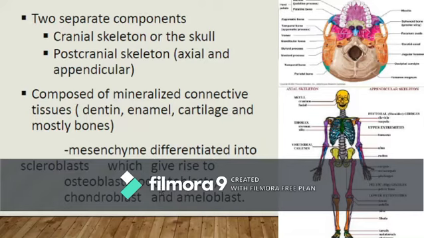Ameloblasts produce enamel. Chondroblasts produce cartilage, and osteoblasts produce the bone, giving rise to osteocytes, or the bone cells. So let's proceed to cartilage.